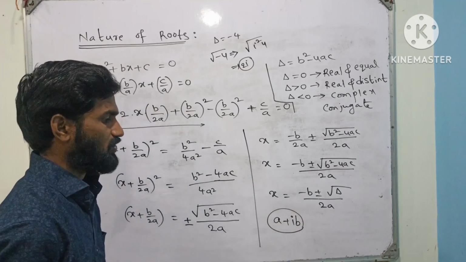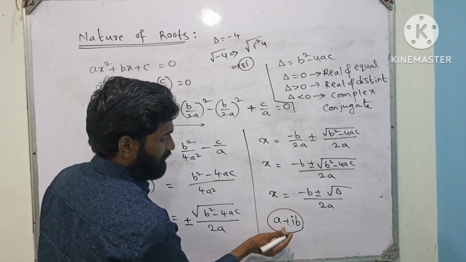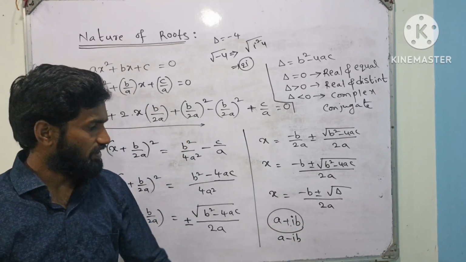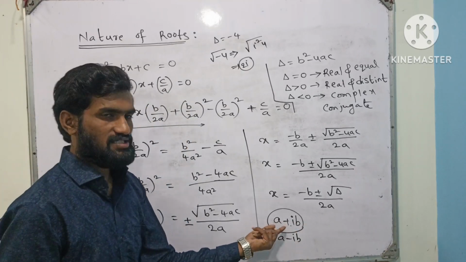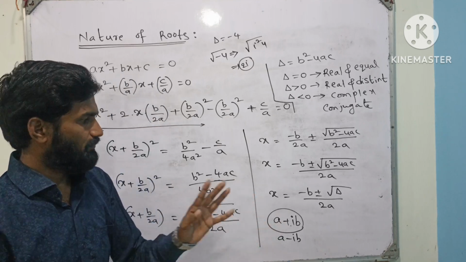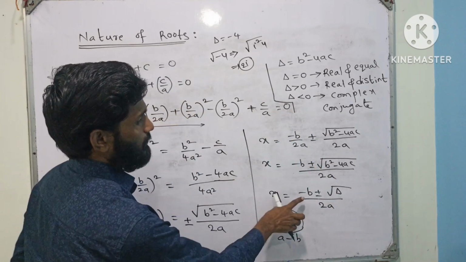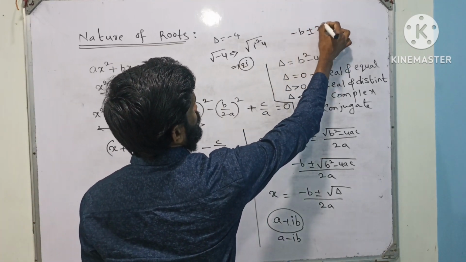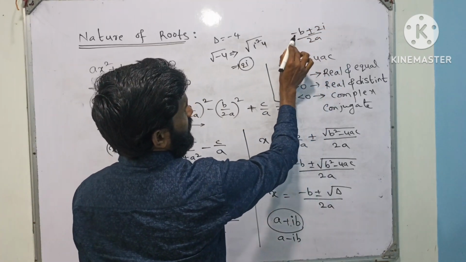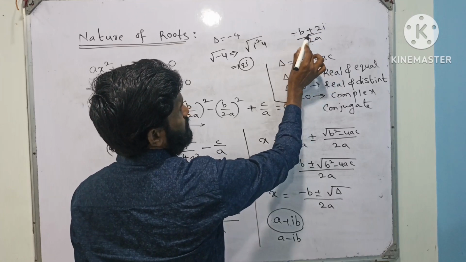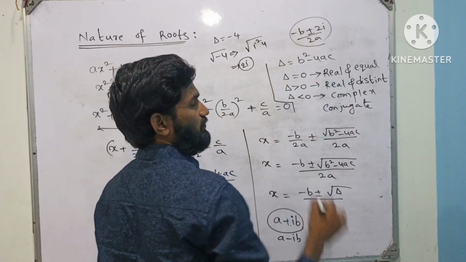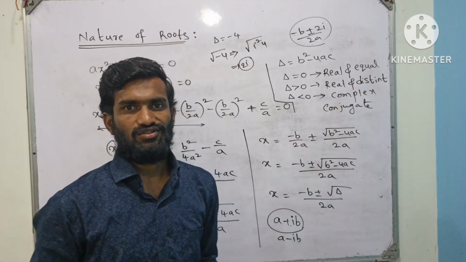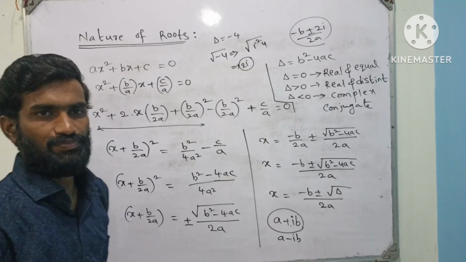Conjugate means, for a plus ib, a minus ib is the conjugate, and for a minus ib, a plus ib is the conjugate. Therefore, minus b plus 2i by 2a and minus b minus 2i by 2a we can call complex conjugate roots. So this is the nature of roots.